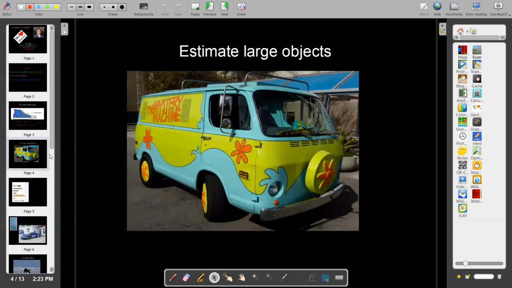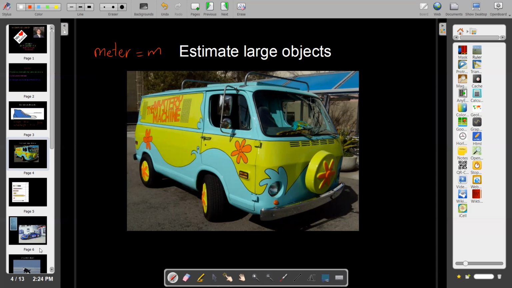Now we'll estimate large objects. So it is a large object, so we will use meters. This is a van. I think it's about between 4 and 5 meters.